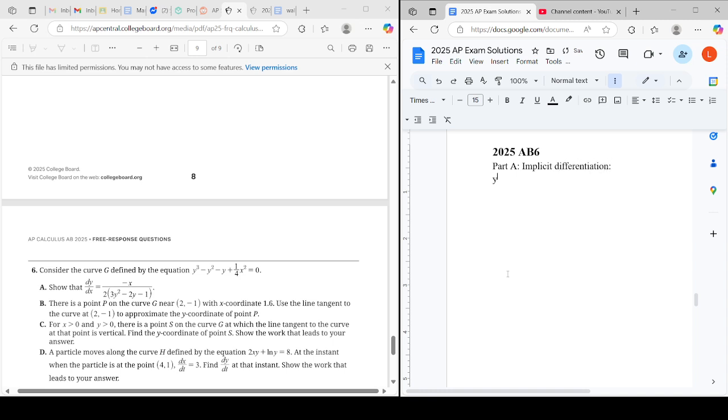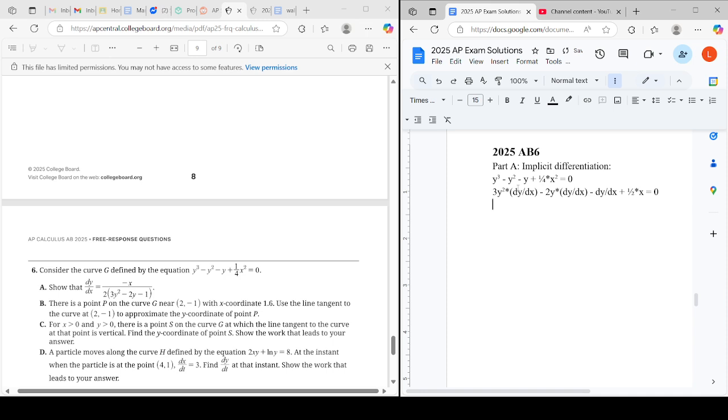So we're going to copy down the original equation first. And now we're going to differentiate each thing. So this would be 3y squared times dy over dx minus 2y times dy over dx minus dy over dx plus 1/2 times x equals 0.